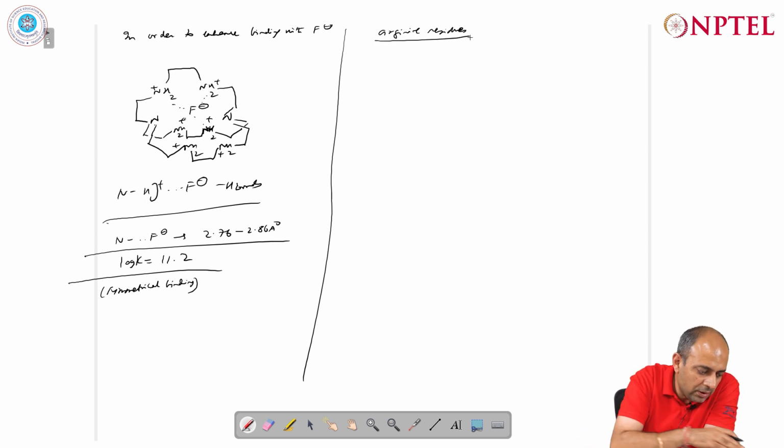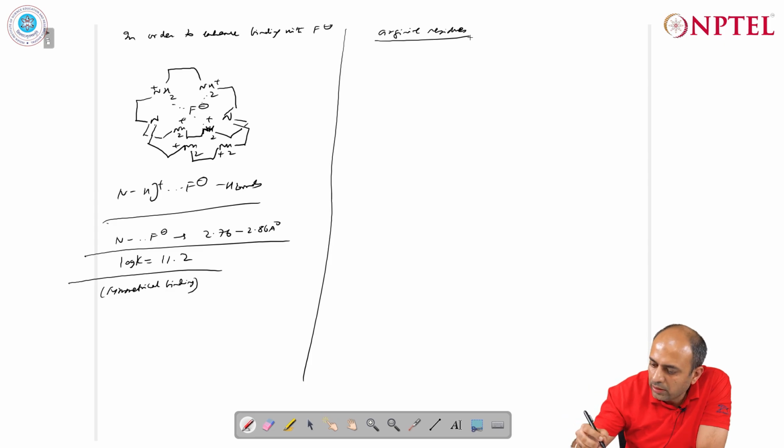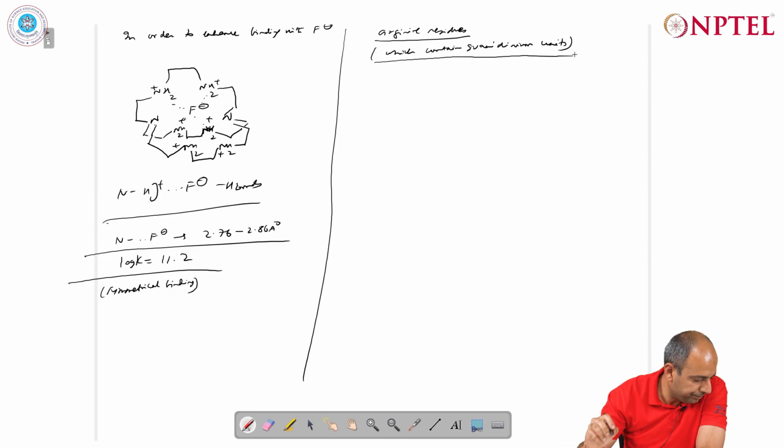So, now the arginine residues contain the guanidinium units. Now, in the case of the guanidinium, we can see that the guanidinium unit is present on the arginine residue. Let us draw the structures.